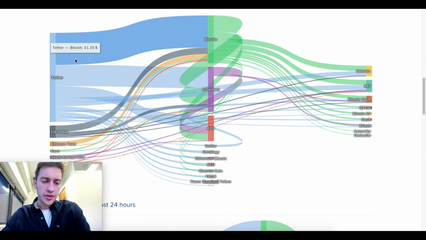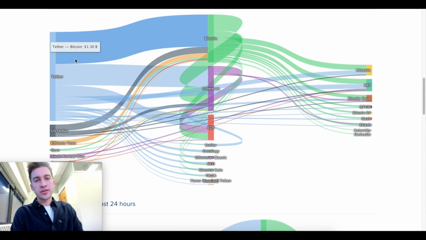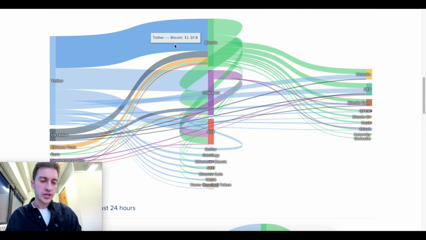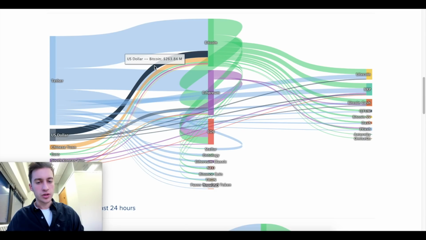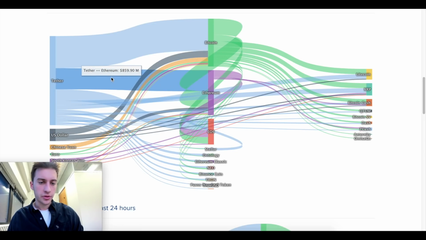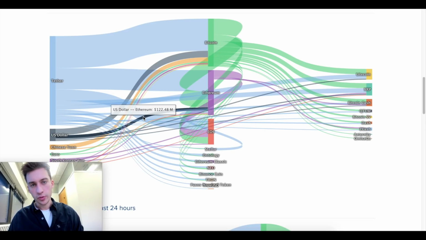Here you can see that the majority of the market in the last 24 hours, and in general too, is typically Tether flowing into Bitcoin instead of US dollar flowing into Bitcoin. You can see the difference from $1.3 billion to 263 million. Tether to Ethereum is 859 million, and US dollar is only 122 million.